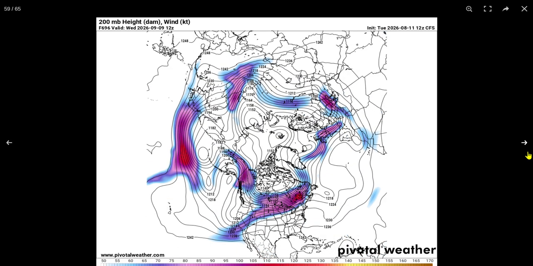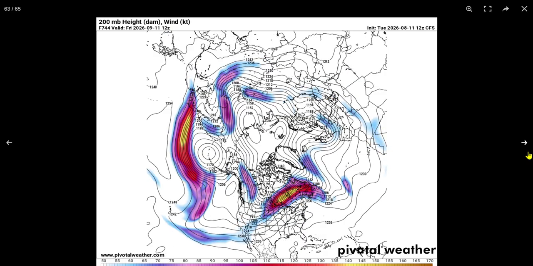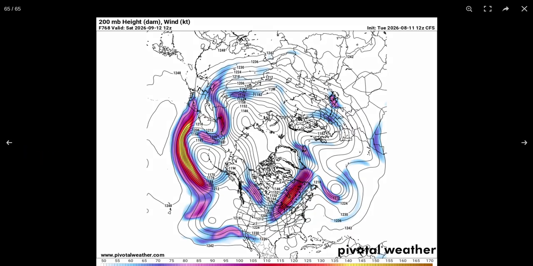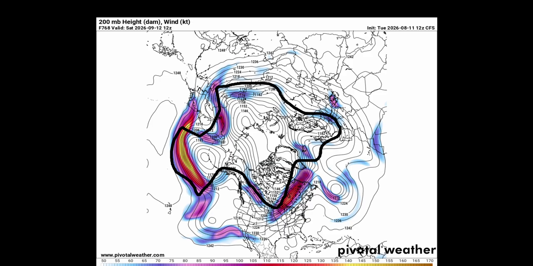And this is what it was talking about around the end of the run, where we saw that really cold air down into the east. This is that. So we have this Arctic air funneling down into the central United States. It really shows a disorganized Arctic circulation, which is generally good for cooler air.